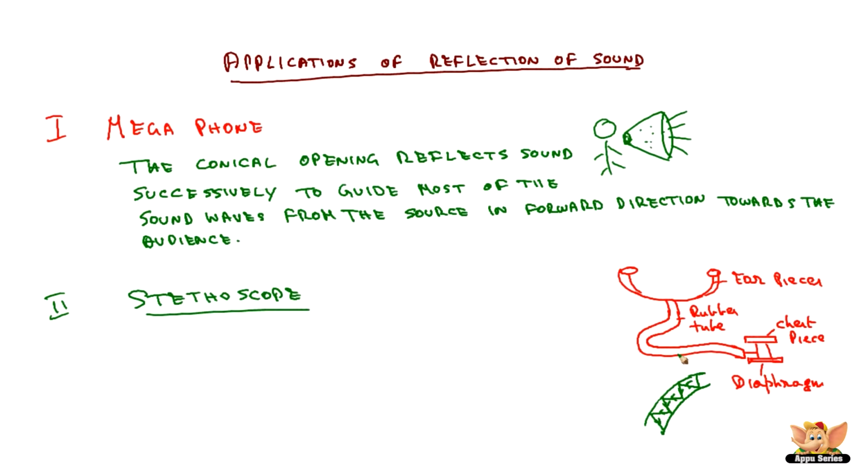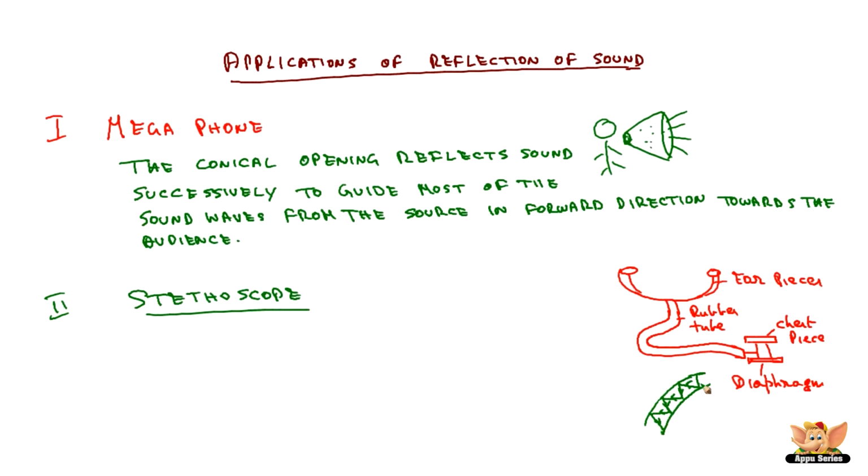How does reflection of sound work in a stethoscope? The chest piece is put on the patient's chest and the earpieces are put into the doctor's ears. Due to multiple reflection of sound, he hears the heartbeat.